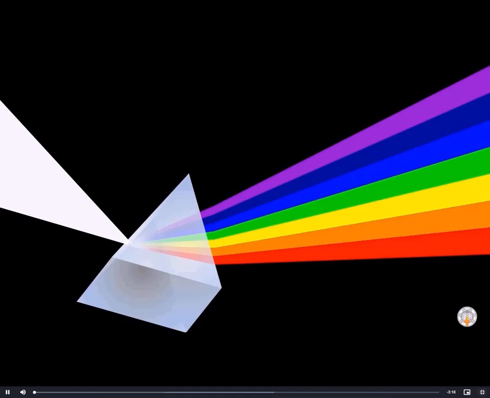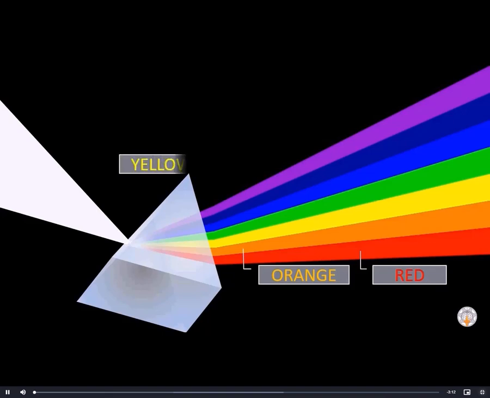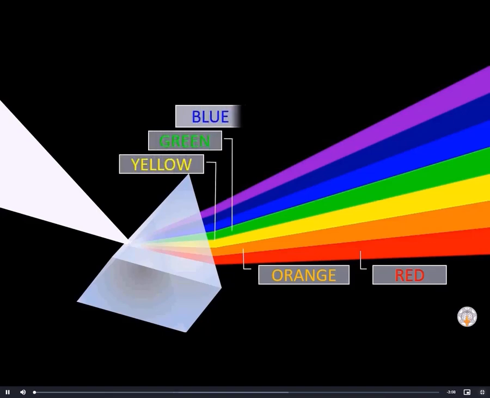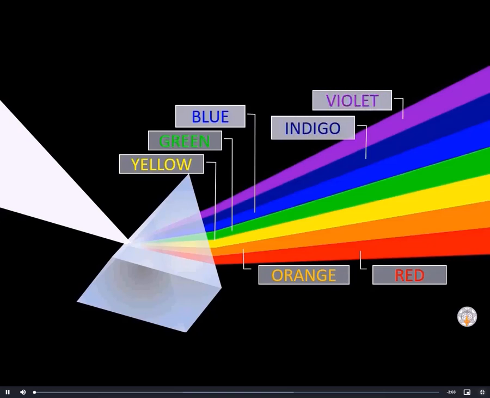Newton named those 7 colors as red, orange, yellow, green, blue, indigo, and violet.